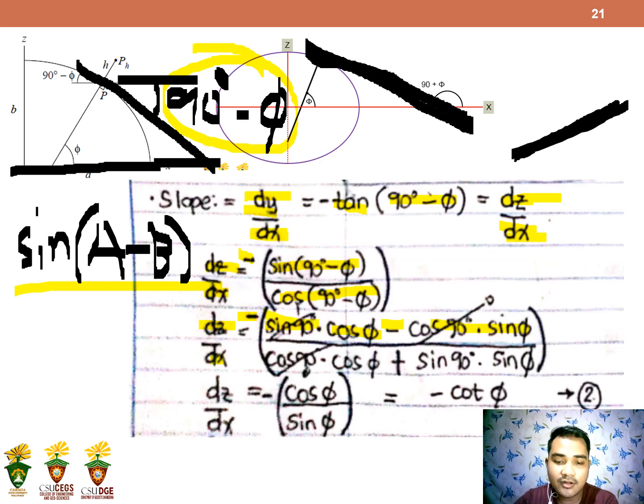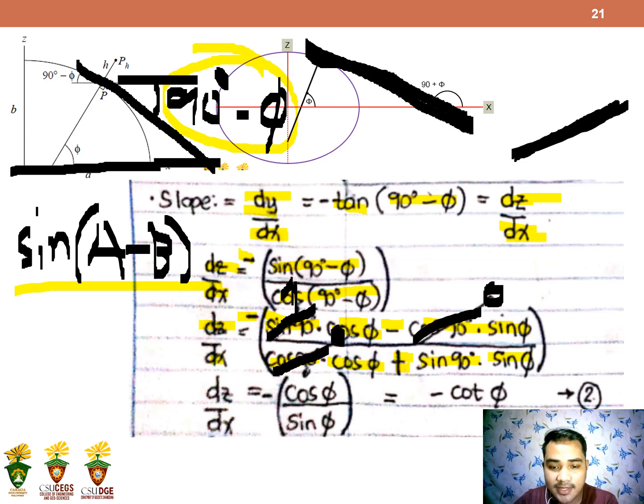For cosine, it is cosine 90 degrees times cosine geodetic latitude plus sine 90 degrees times sine geodetic latitude. Since sine 90 degrees is 1 and cosine 90 degrees is 0, we simplify, and of course in the denominator cosine 90 is 0.